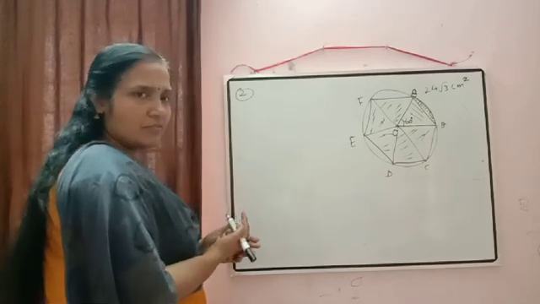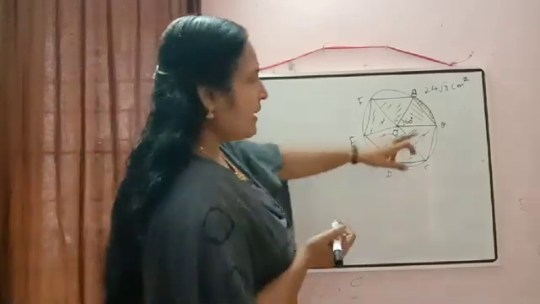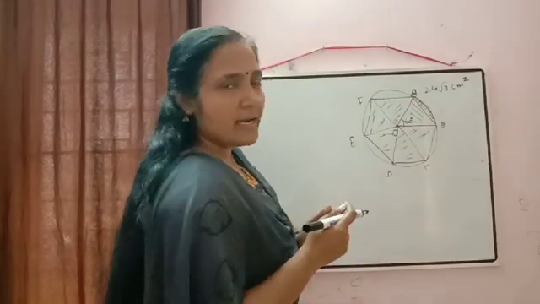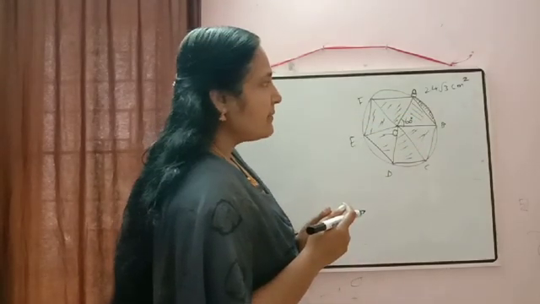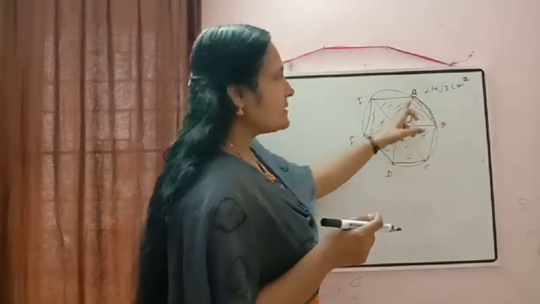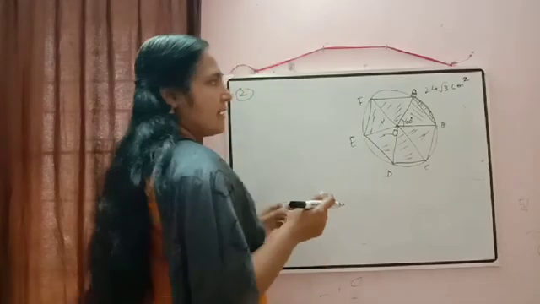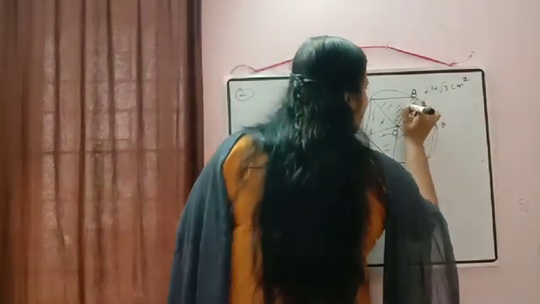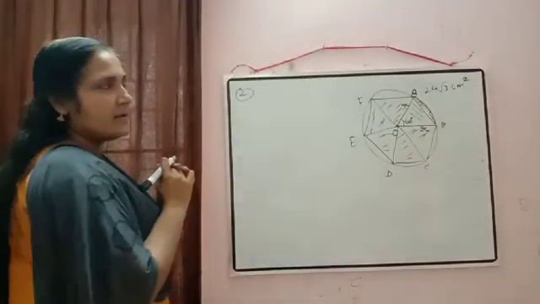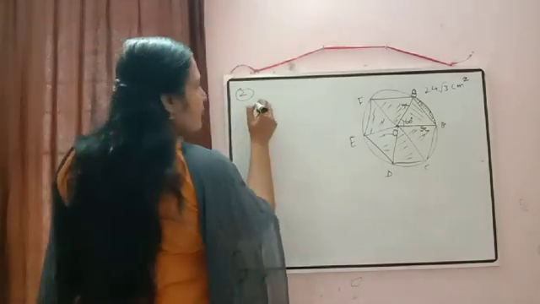Now first what will we do? We will calculate the area of the segment. How will we calculate the area of the segment? Yes, area of sector minus area of triangle, and this one we can take as the radius because this is the radius only, correct? Now first I am calculating the area of one segment.